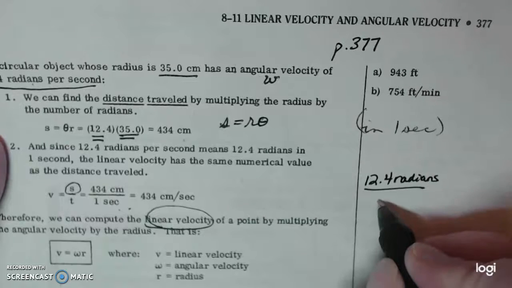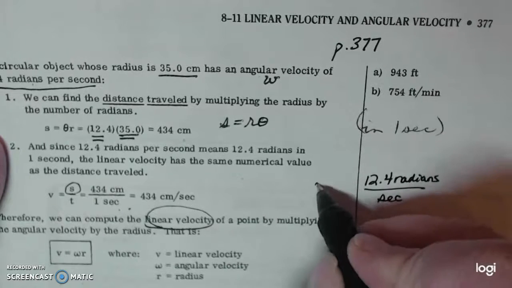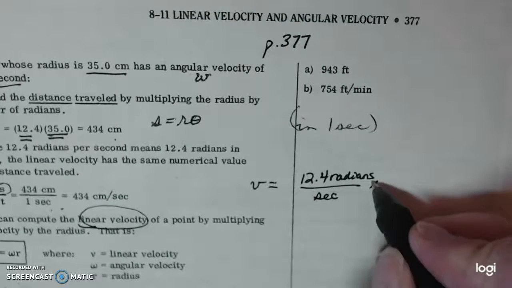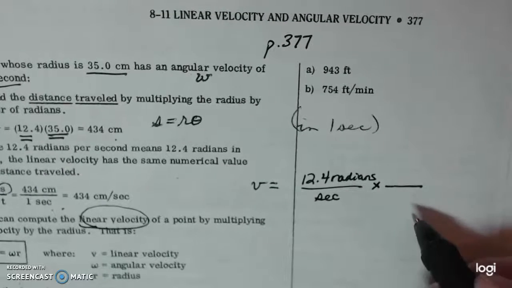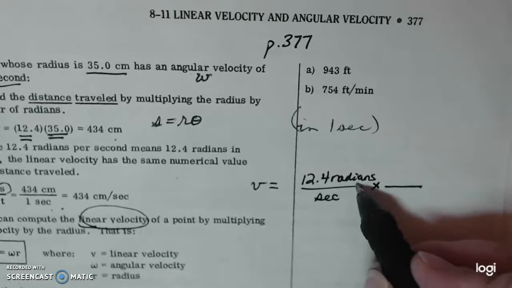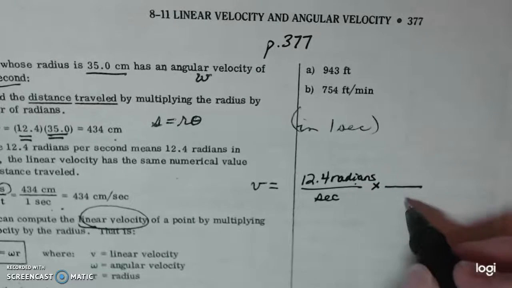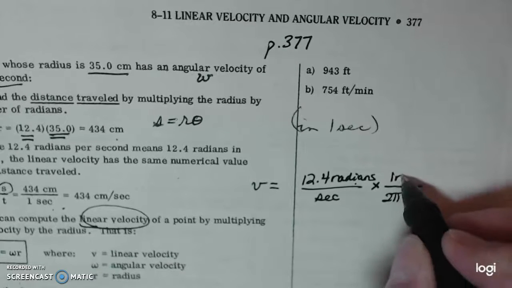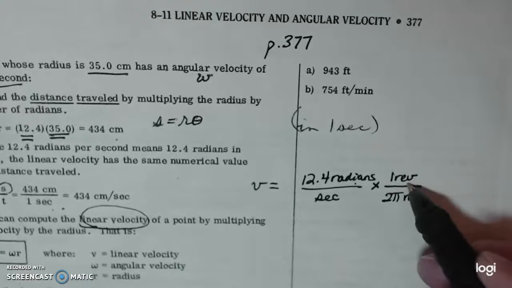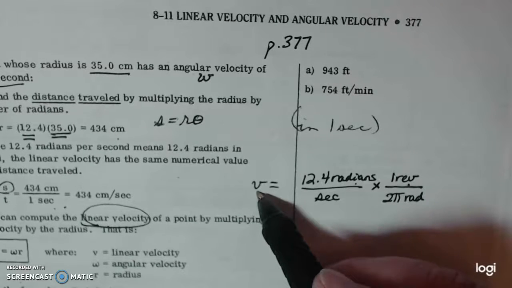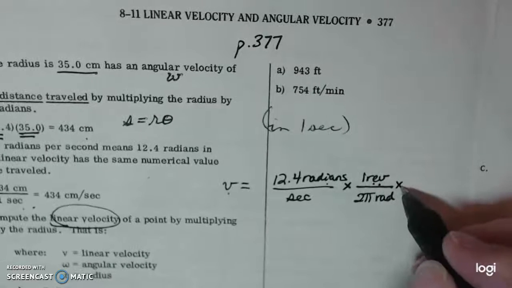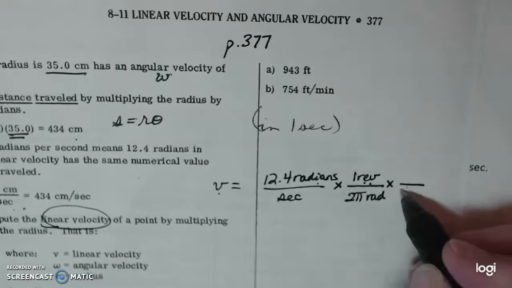And if we want to convert to linear velocity, let's think about what we could convert that would be helpful along the way. If we want to get rid of radians, we know there are 2 pi radians in 1 rev, but revs or rotations are not linear velocity, right? We want distance, not revolution. So let's find out what 1 revolution is worth.